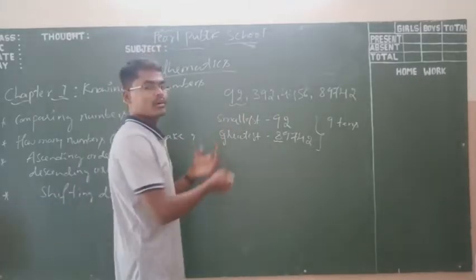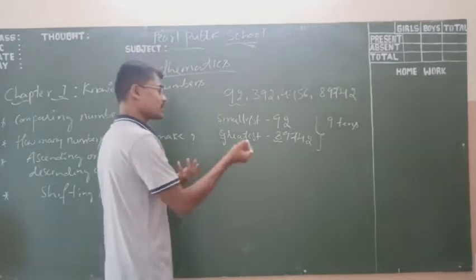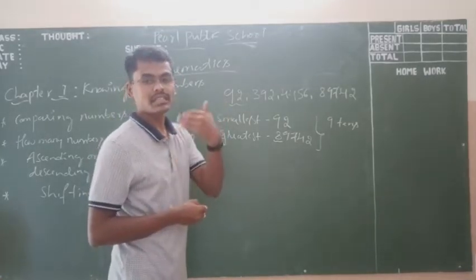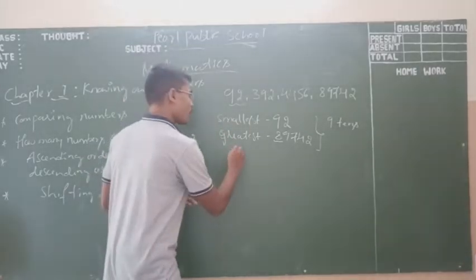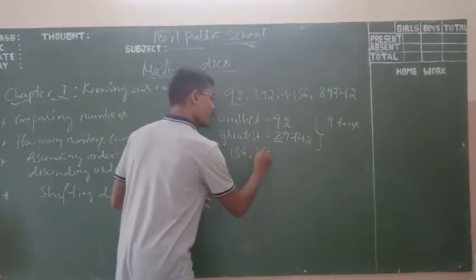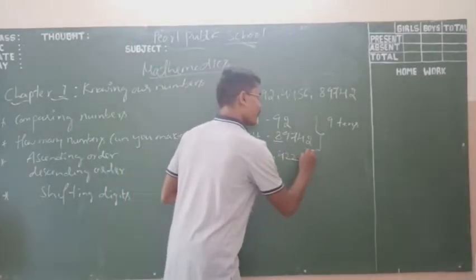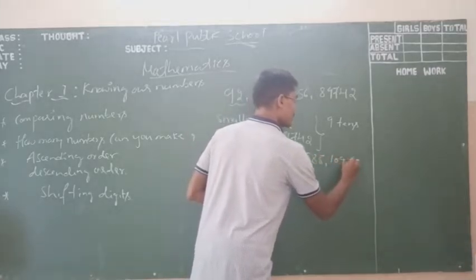Very similar to this one, we can write some other numbers also, and among those numbers you can identify which one is the smallest and which one is the greatest. I am going to write the numbers 156, 300, 422, 585, then 10,970.